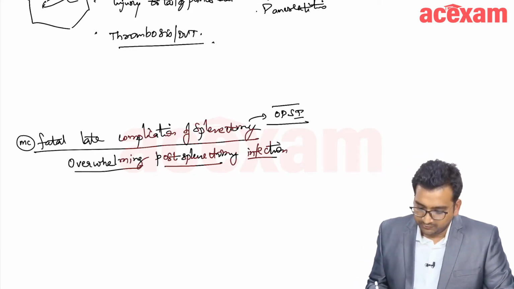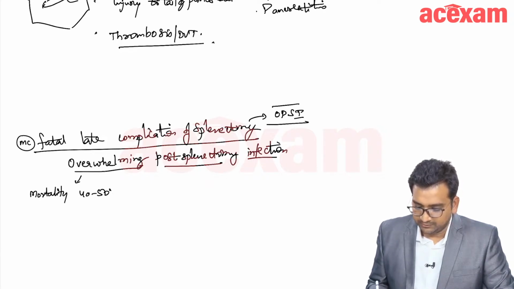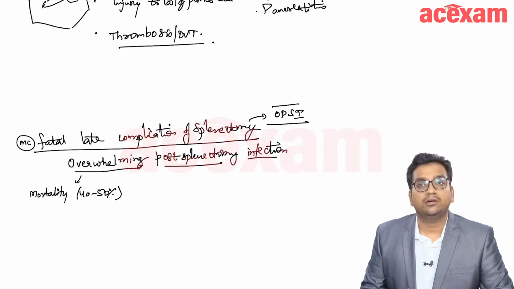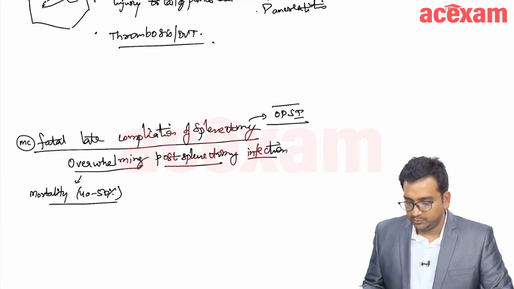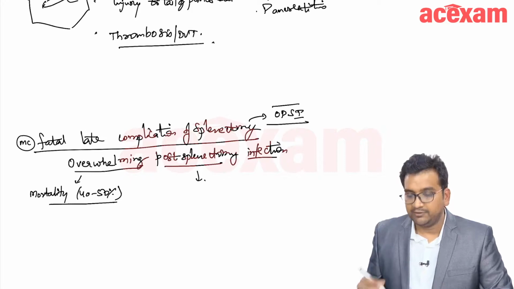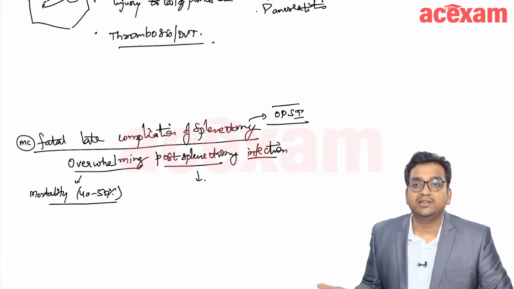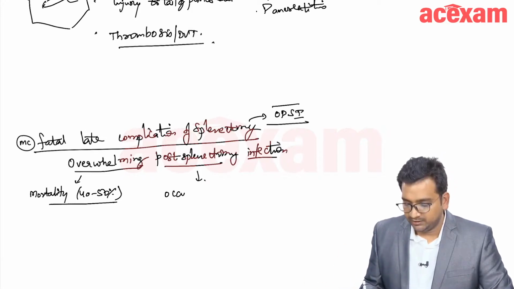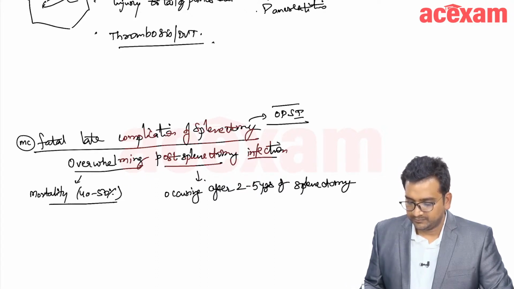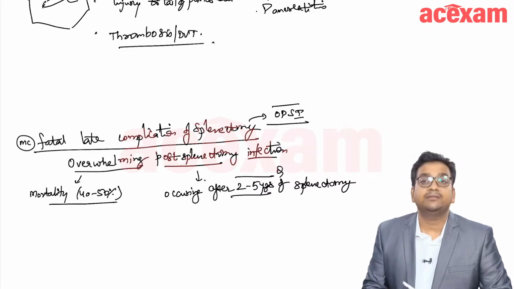Why is it overwhelming? Because mortality is 40 to 50%. After how much time after splenectomy does this occur? It occurs 2 to 5 years after splenectomy. This 2 to 5 years has been asked.